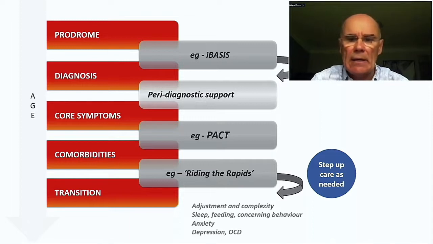And then later, for the step-up care, we have other programs and treatments that are also evidenced to a greater or lesser extent. In Manchester, we have an intervention, for instance, called Riding the Rapids, which is particularly designed for children with autism who have difficult behaviors. And these can feed in later in an integrated way. This is what we call step-up care.